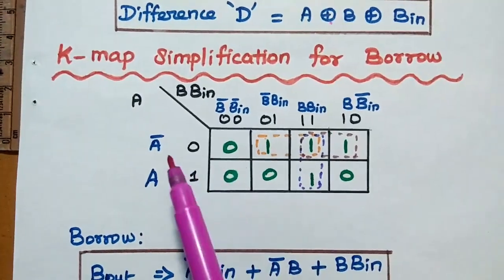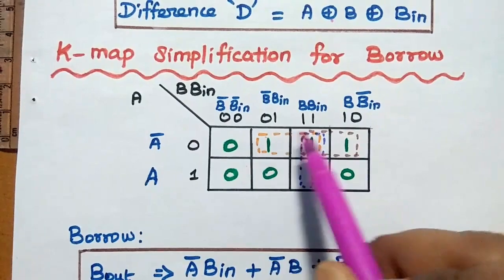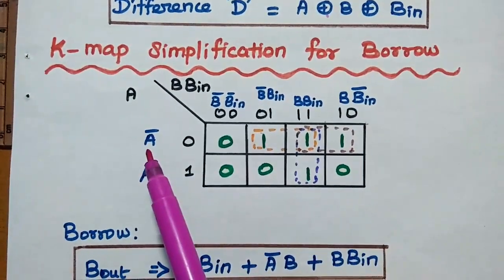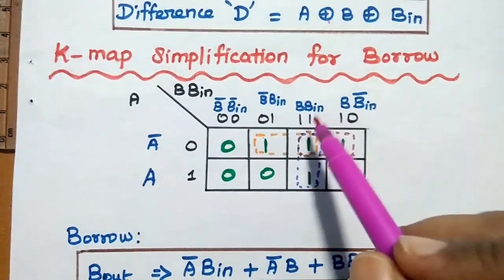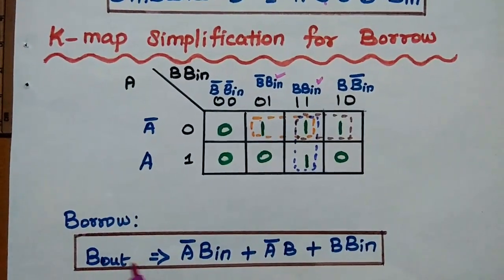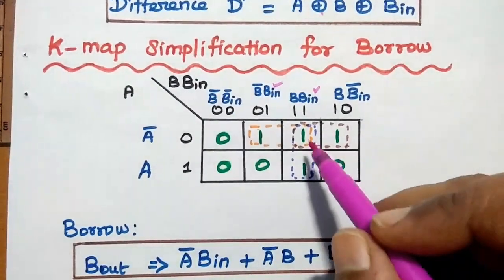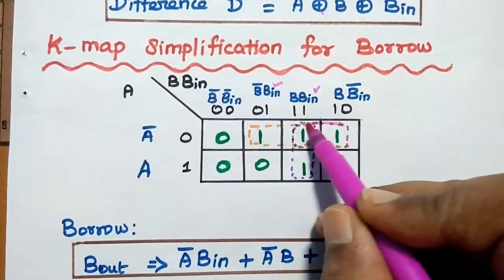Here the common term is A bar for these two, that orange color. For these two ones, the common term is A bar and the remaining common term is B in. So we can write B out is equal to A bar B in plus, the next one, we can group the next two bits.